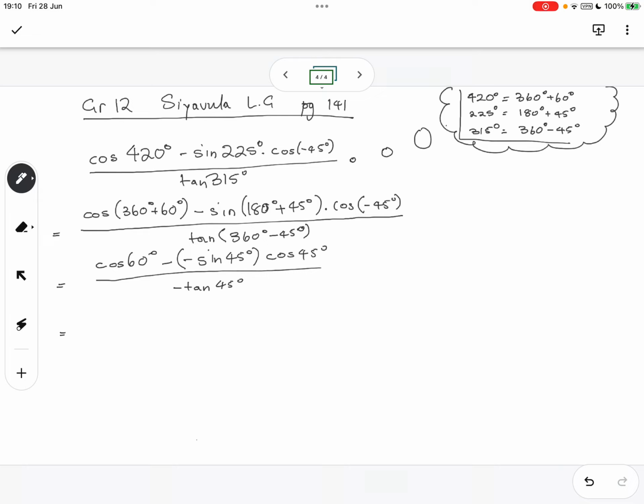Then in the next step, we'll just change the operation sign here so that it's positive. So we have the cos of 60 degrees plus the sine of 45 degrees multiplied by the cos of 45 degrees. And this is divided by negative tan 45 degrees. All right.